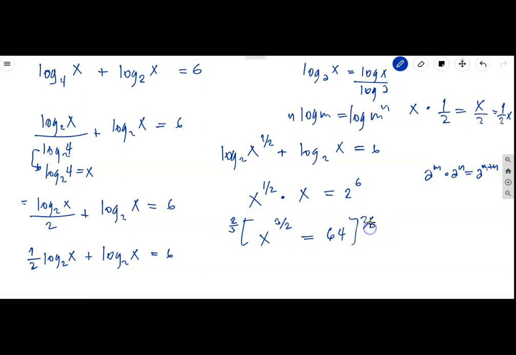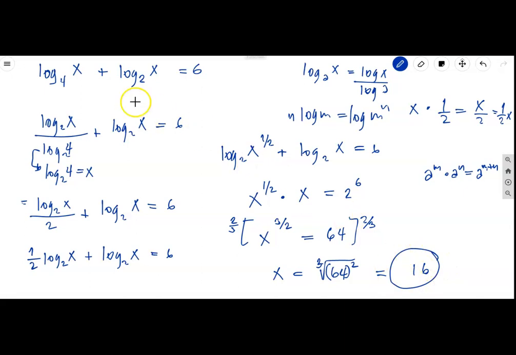So we get x equals the cube root of 64 squared. Simplifying further, the cube root of 64 is 4, and then 4 squared. Therefore, the value of x equals 16.